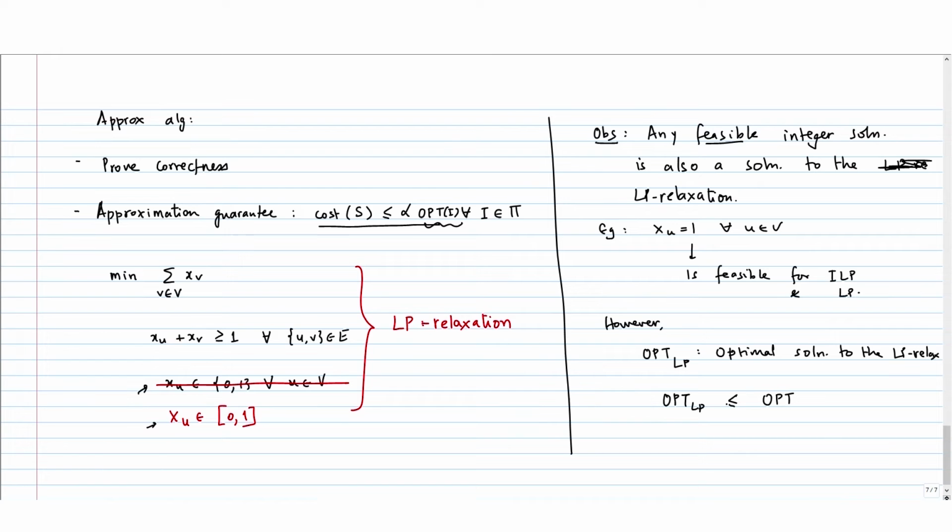Any solution to the integer program is a solution to the linear program. Therefore, if you take an optimal solution to the integer program, that is also a feasible solution for the linear program, but need not be an optimal solution for the linear program. The linear program could have a solution that is strictly smaller than what is achievable by the integer program.